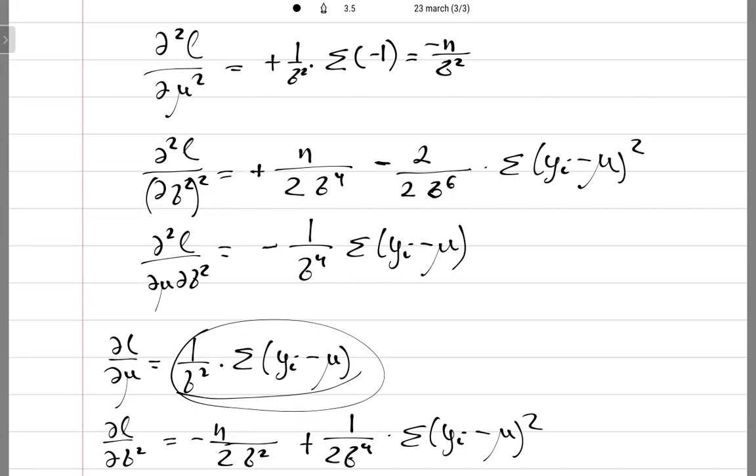Okay, then we can evaluate the Hessian matrix at the point we have. Let's evaluate, if I plug in sigma hat and mu hat. So now let's plug in the value we have obtained.